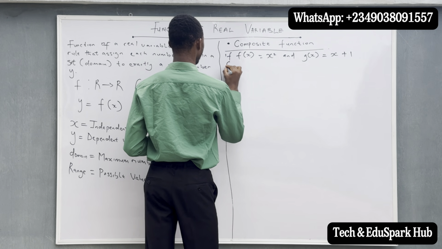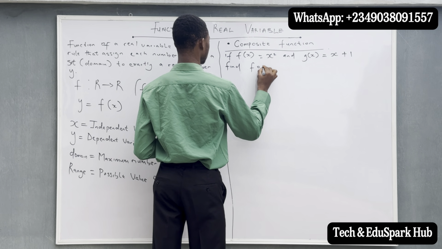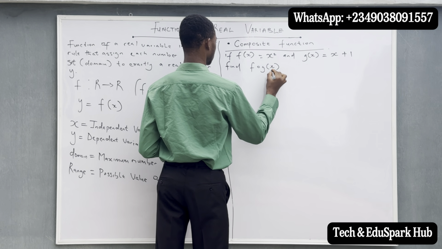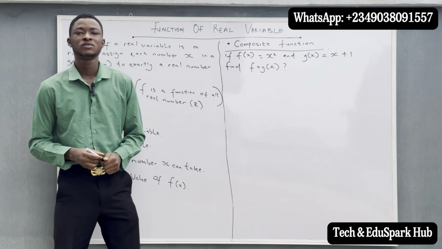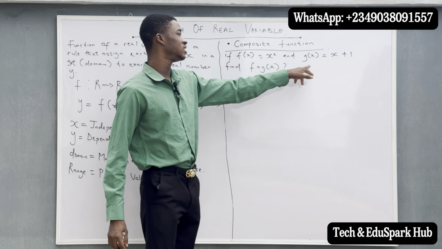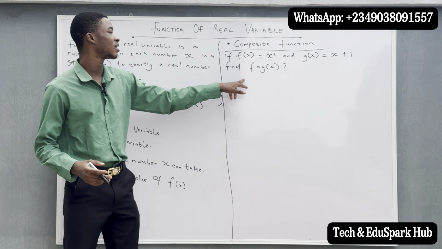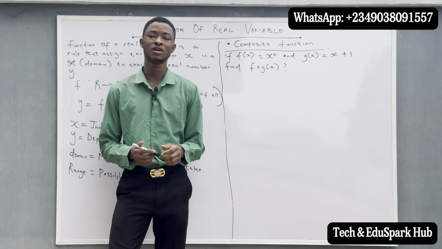So we have to find f of g of x. In solving questions of this type, you can see we have two functions, f of x and g of x. So they are asking us to calculate f of g of x. This is all composite function is about.